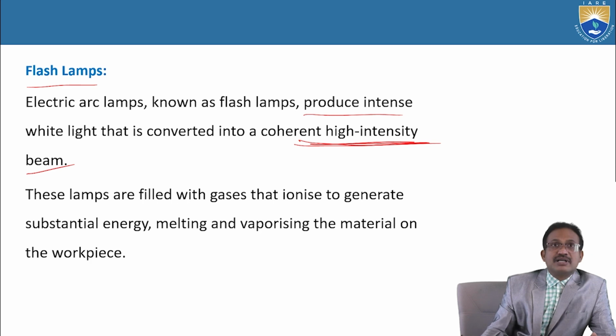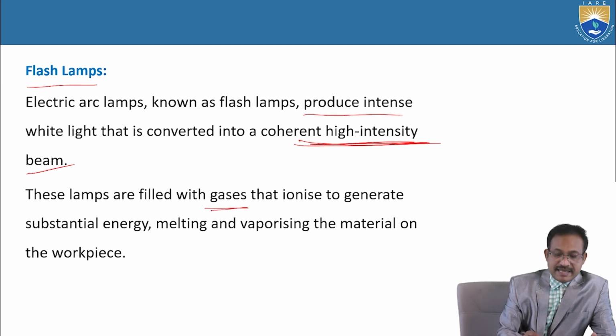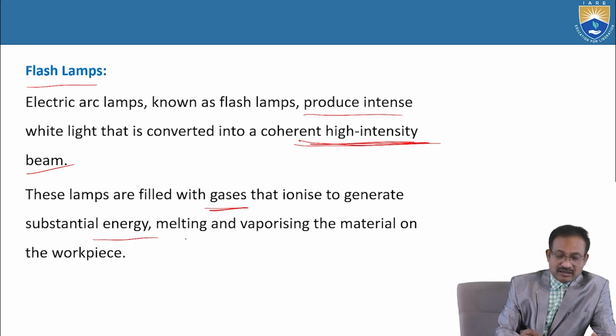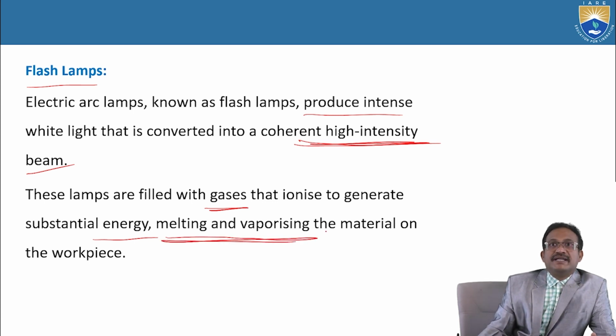Here the high intensity beam is because of flash lamps. These lamps are filled with gases that ionize to generate substantial energy, causing melting and vaporizing of the material on the workpiece.